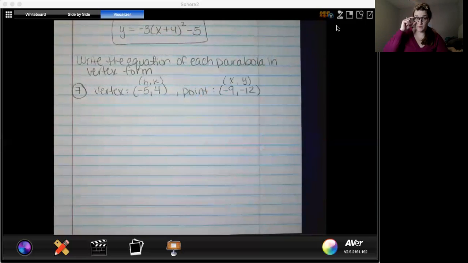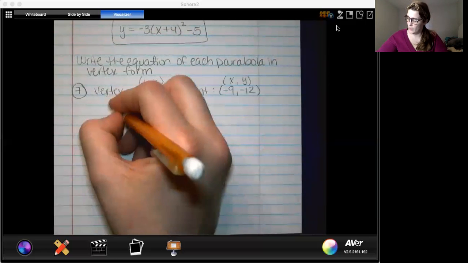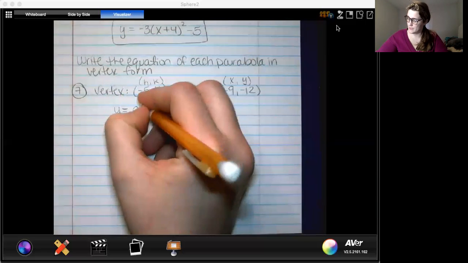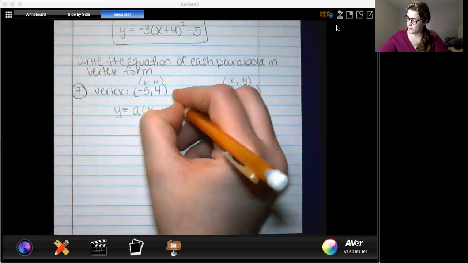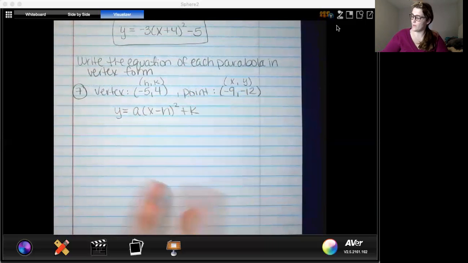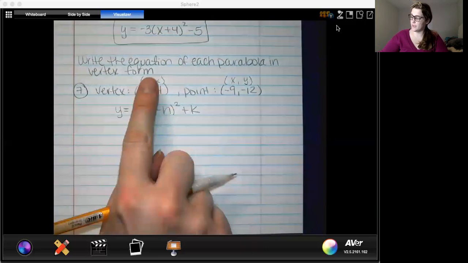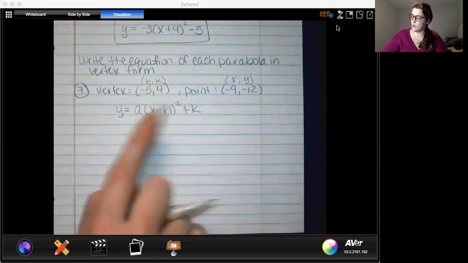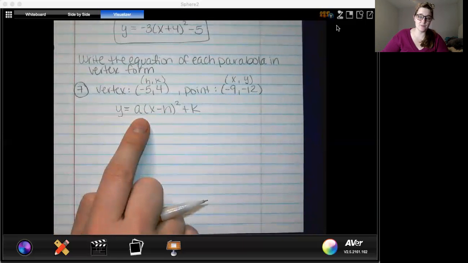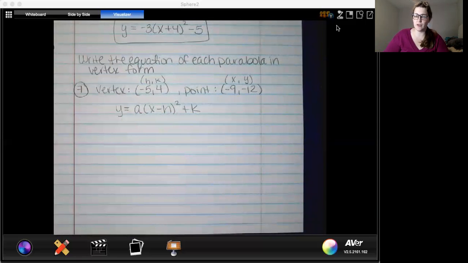So thinking about our vertex form, y equals a times x minus h, quantity squared plus k. Of all the letters we have, h, k, x, and y, we're missing a. So therefore, we're going to solve for a, and in the end, we'll rewrite our equation similar to how we did in the first two problems.